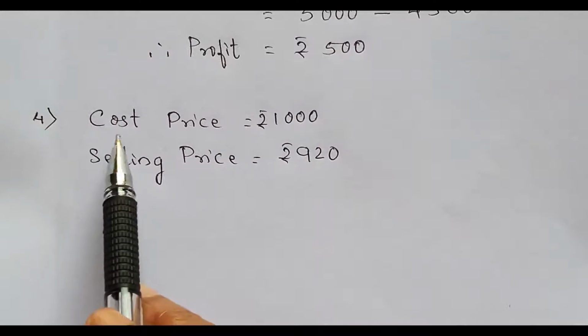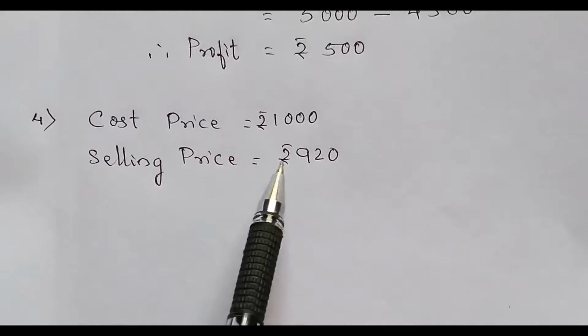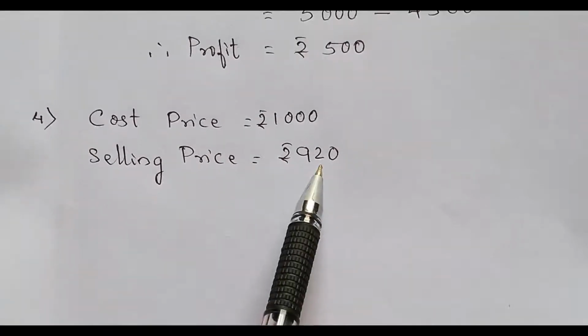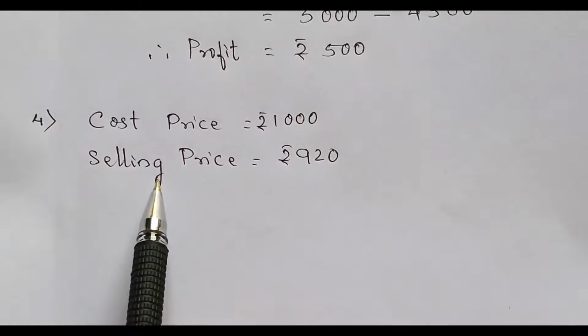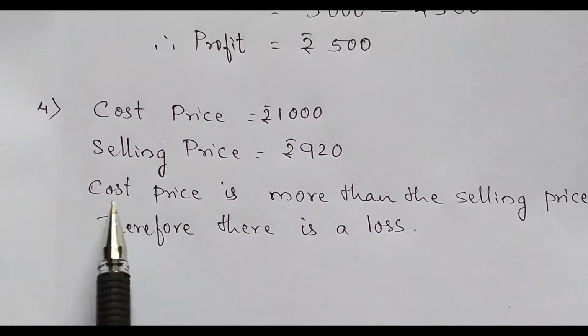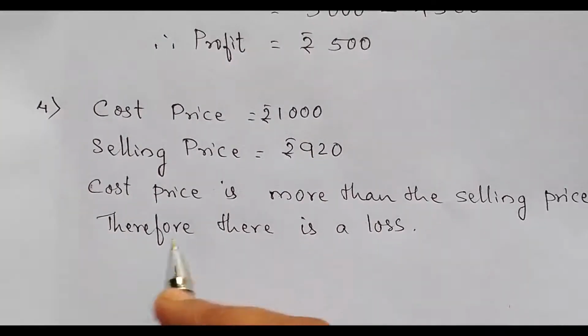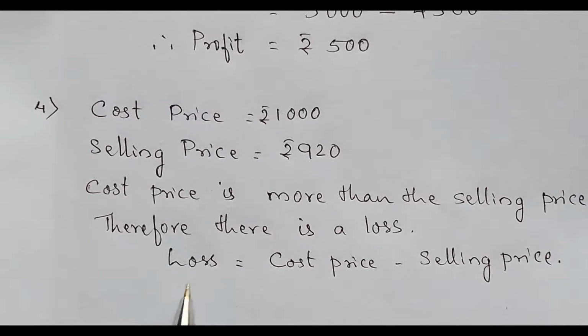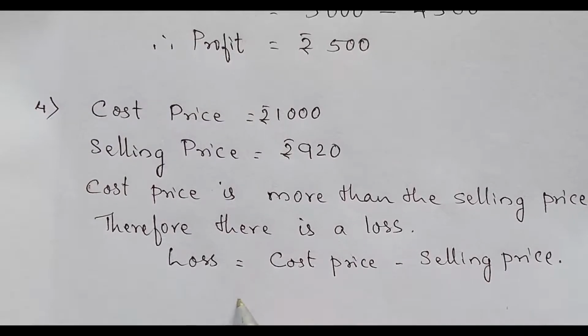Let's see the fourth example. The cost price is rupees 1,000. The selling price is rupees 920. Now in this case the cost price is more than the selling price. Therefore there is a loss. Loss is equal to cost price minus selling price.